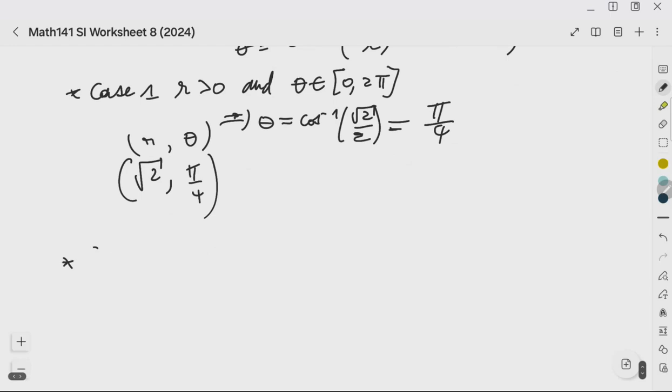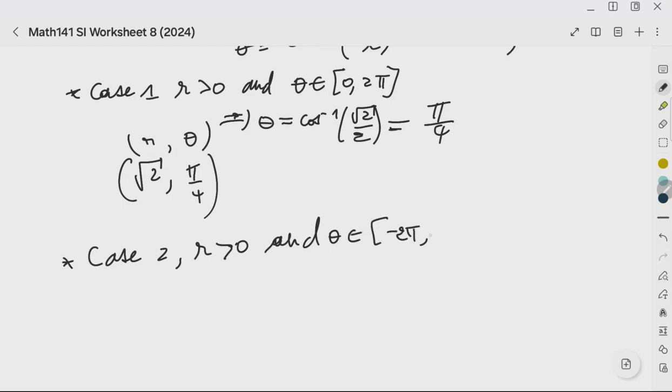For the second case, we satisfy the condition of r being greater than 0 and theta belonging to negative 2 pi to 0. Right.